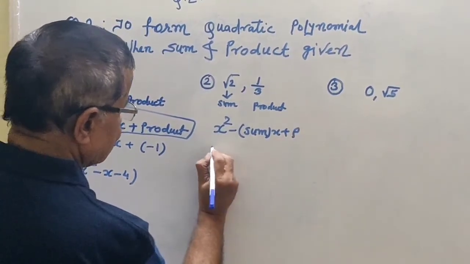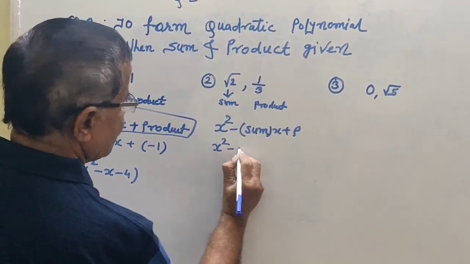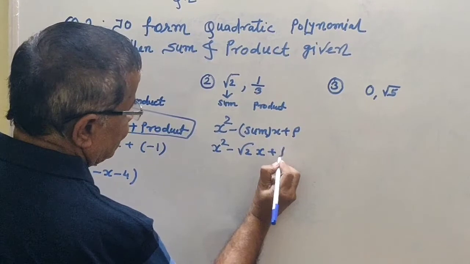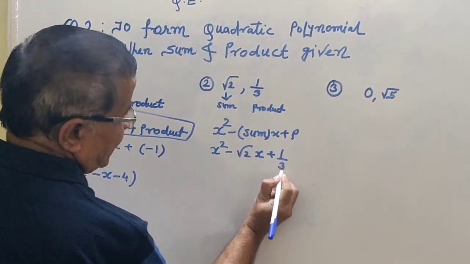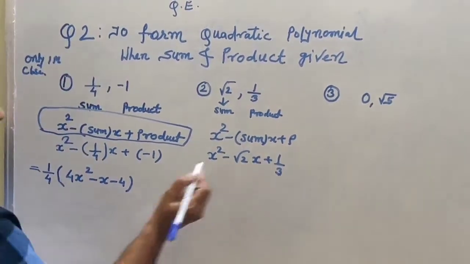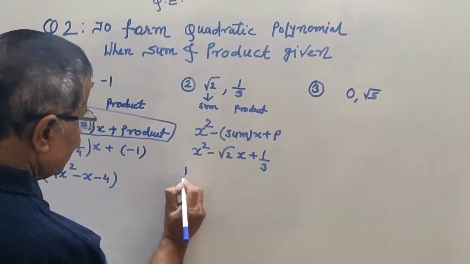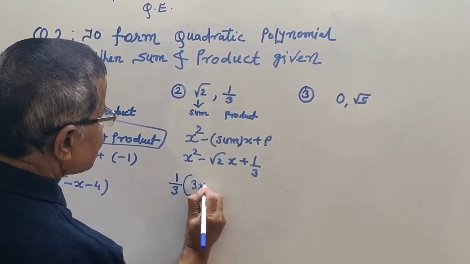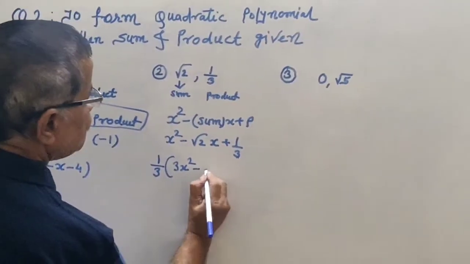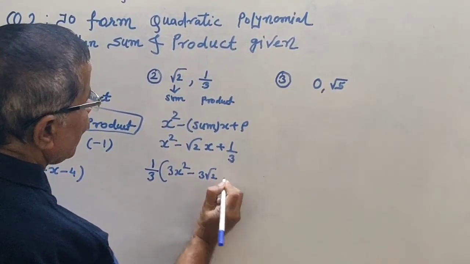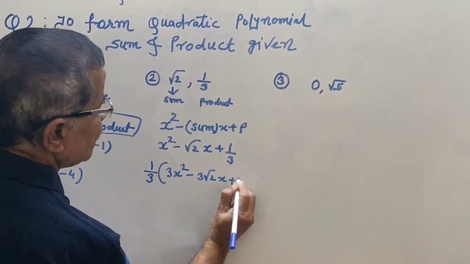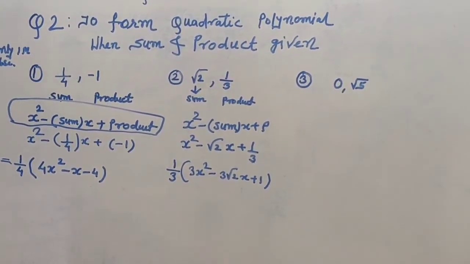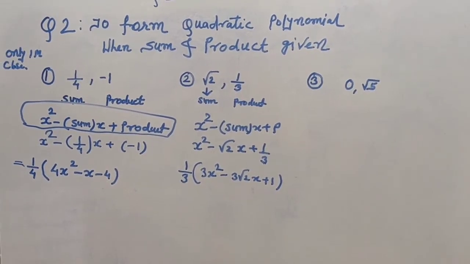Now I will substitute the values: x square minus root 2 x plus 1 by 3. Here 3 is in the denominator, so I will multiply by 3 and write 1 by 3 as a common. Now I will get 3x square minus 3 root 2 x plus 1. This is the type of quadratic polynomial when the sum is given in root form.